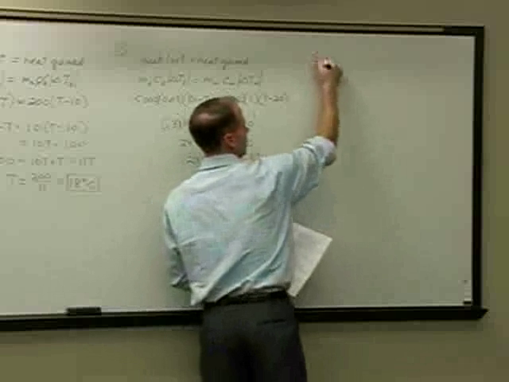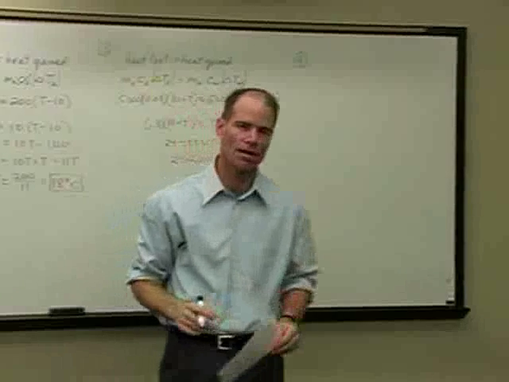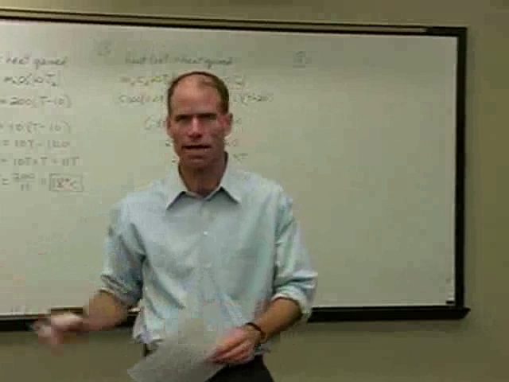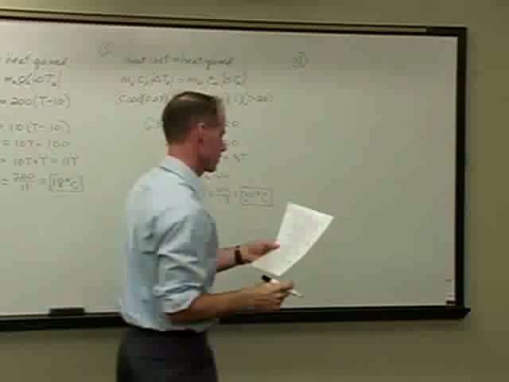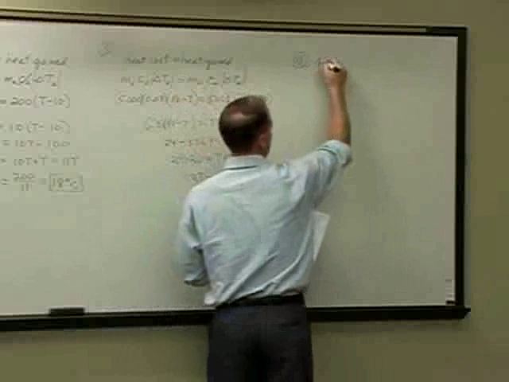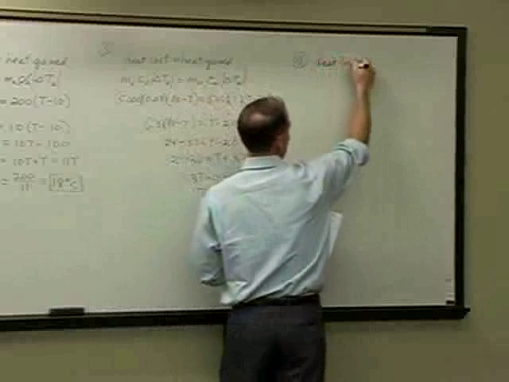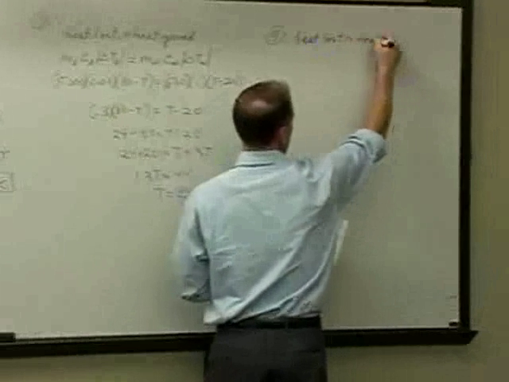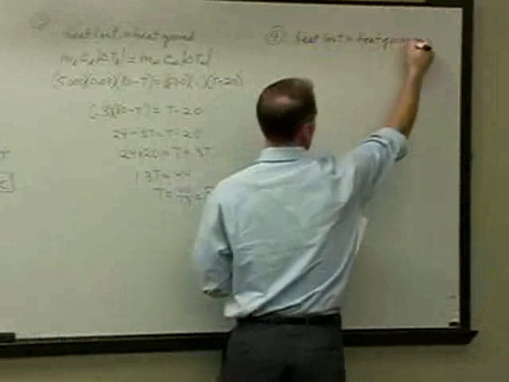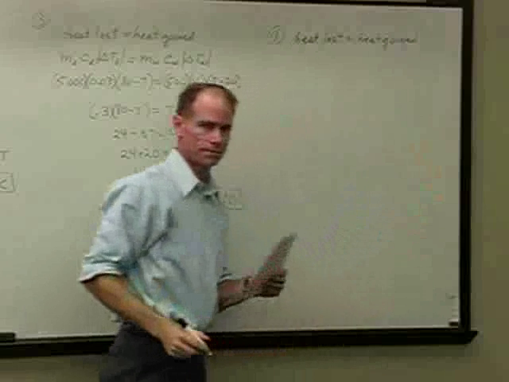Okay. Well, same sort of thing. We want the heat loss from the thermometer to equal the heat gained by the water. So let's write that, at least in magnitude.